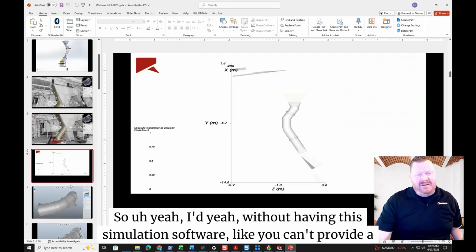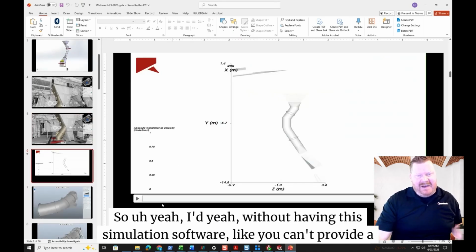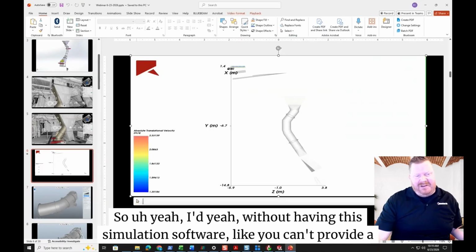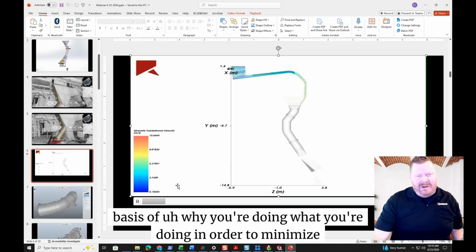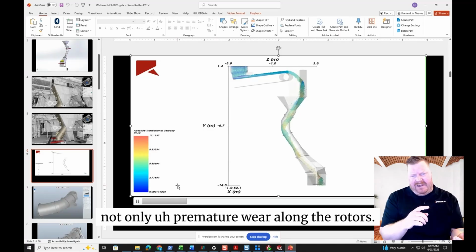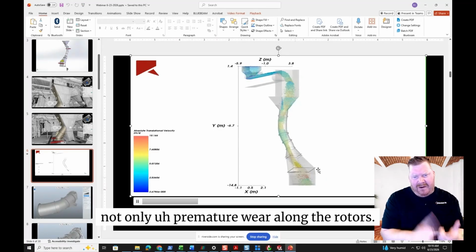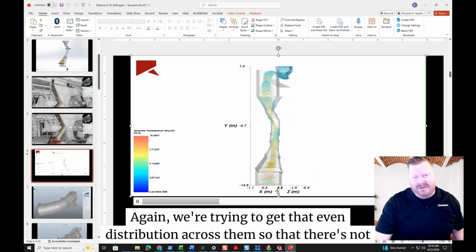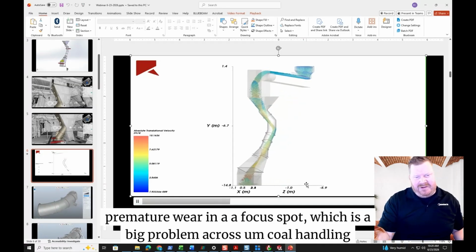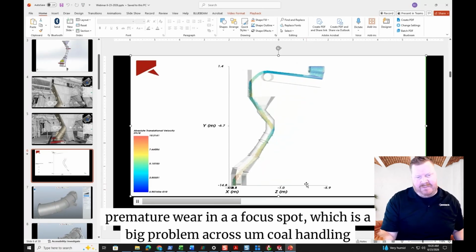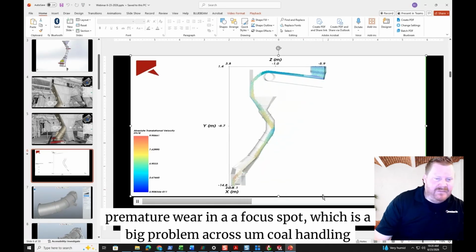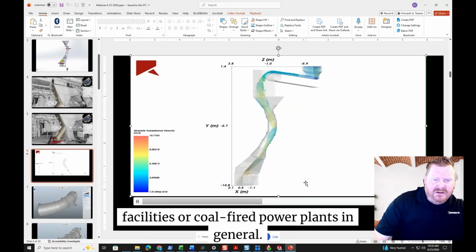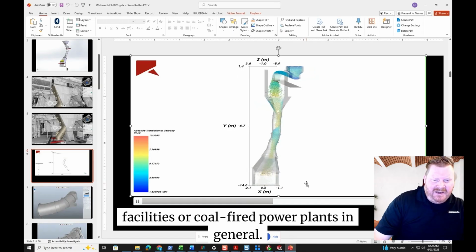So without having this simulation software, you can't provide a basis of why you're doing what you're doing in order to minimize not only premature wear along the rotors. Again, we're trying to get that even distribution across them so that there's not premature wear in a focus spot, which is a big problem across coal handling facilities or coal-fired power plants in general.